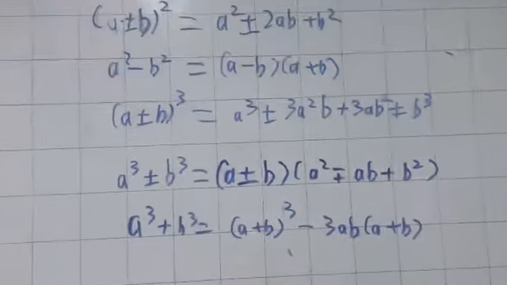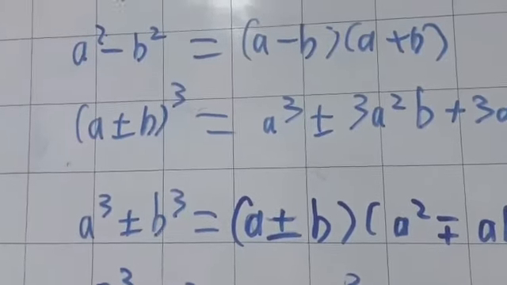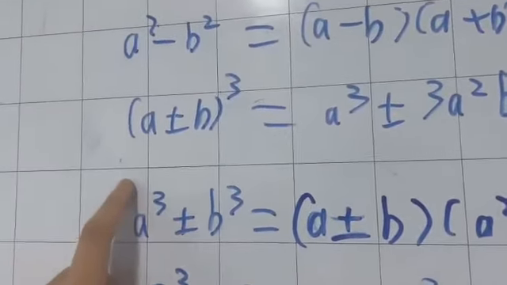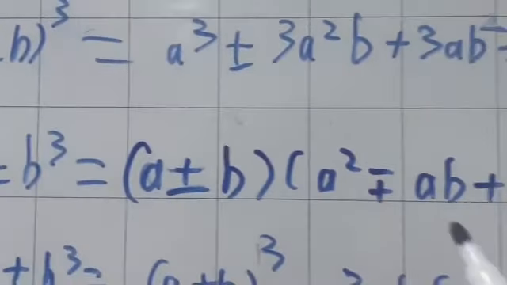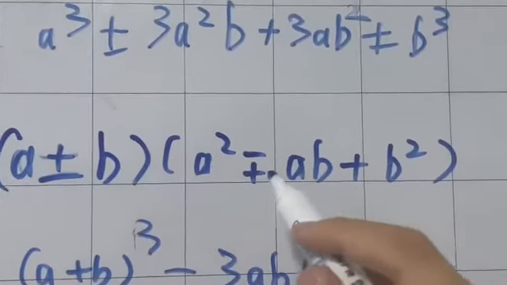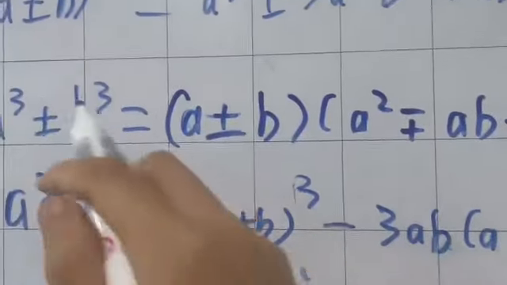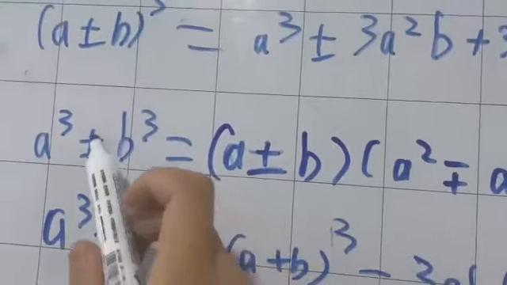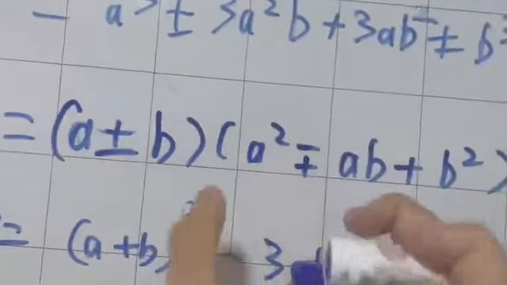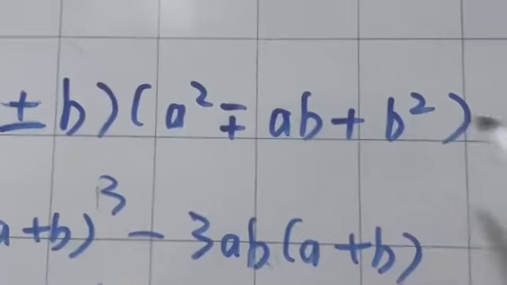And the fourth one: a cubed plus or minus b cubed is equal to (a plus or minus b) times (a squared minus or plus ab plus b squared). The way you remember this is that you remember the sign here, and the sign here is just the opposite of this sign, and then minus or plus ab plus b squared.